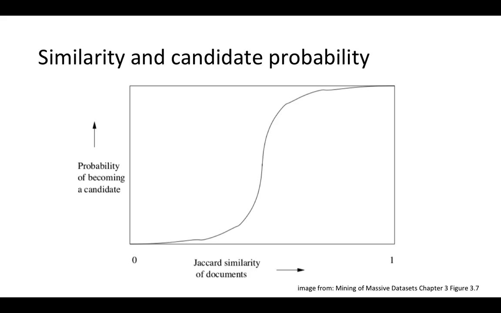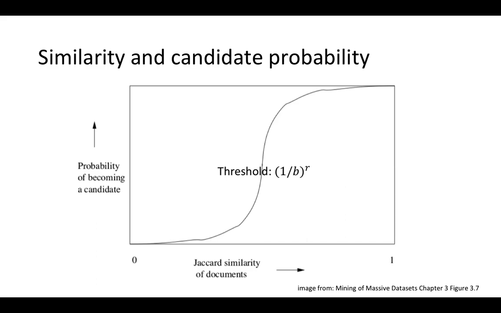And this graph shows the relation between similarity and the candidate probability. The x-axis is the Jaccard similarity of documents, which is s, and the y-axis is the probability of becoming a candidate. The threshold is the value of similarity s at which the probability of becoming a candidate is 1/2.